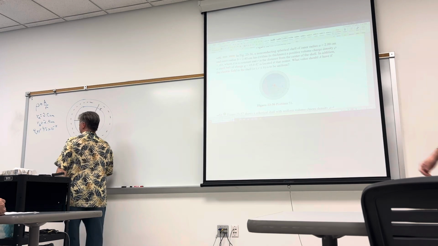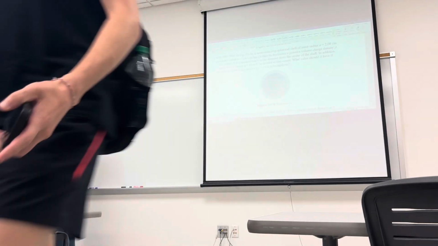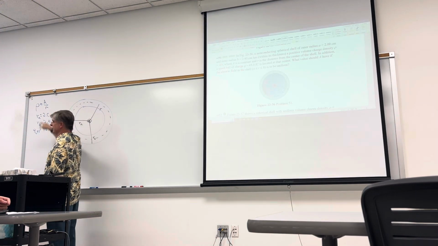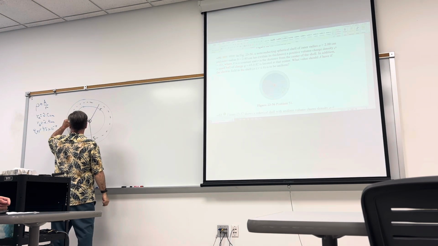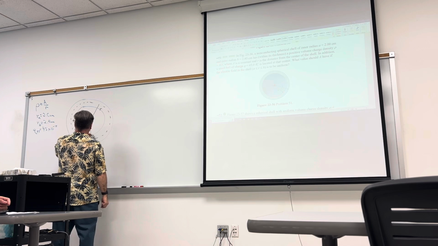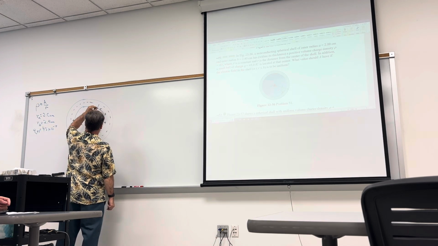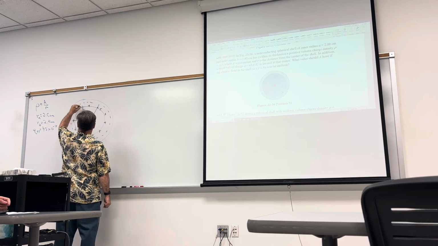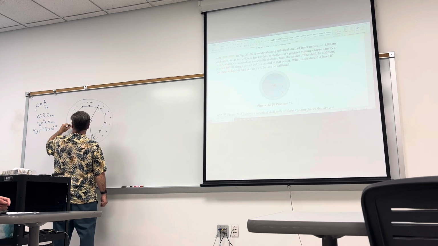And since the density decreases with radial distance, we want to indicate that with a lot of plus signs here and fewer plus signs the further we go out. Maybe something like that.